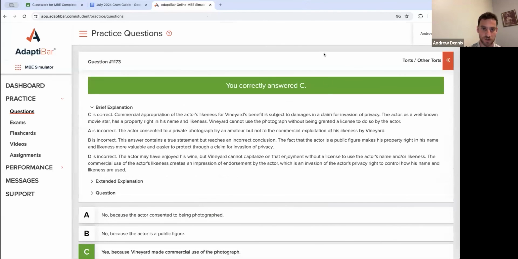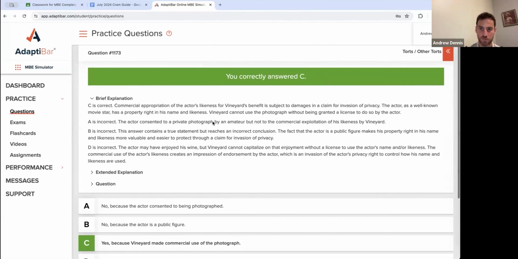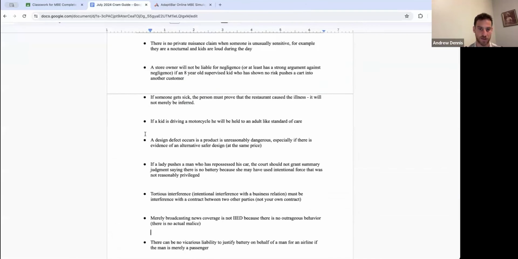Commercial appropriation, or misappropriation, of the actor's likeness for Vineyard's benefit is subject to damages in a claim for invasion of privacy. The actor, as a well-known movie star, has a property right in his name and likeness. Vineyard cannot use the photograph without being granted a license to do so by the actor.